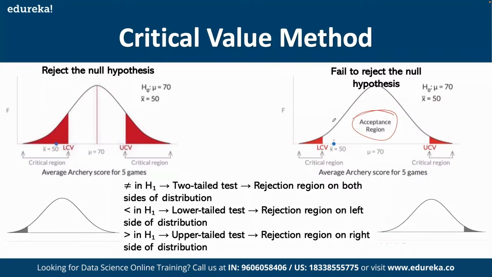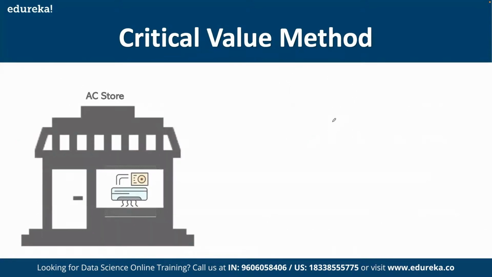Now, if you are working on a two-tailed test, the rejection region is on both sides of the distribution. If I'm performing the lower tail test, the rejection region is on the left side of the distribution. And if I'm performing the upper tail test, the rejection region is on the right side of the distribution.